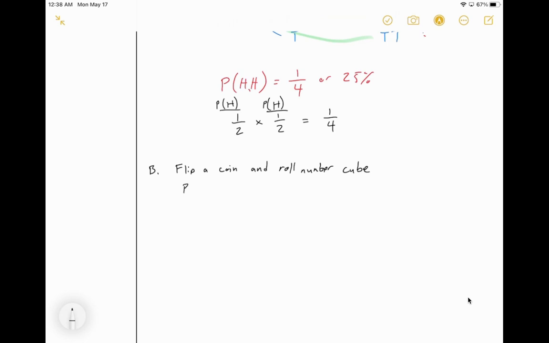So I want to know the probability of tails and 4. What's the probability of me getting tails and the number 4?